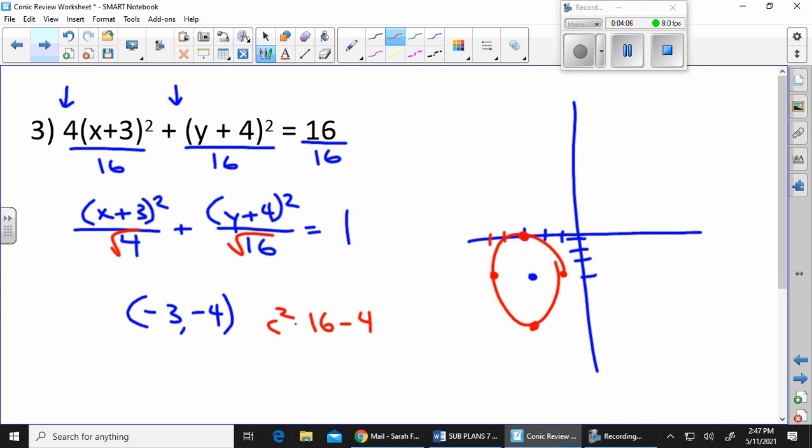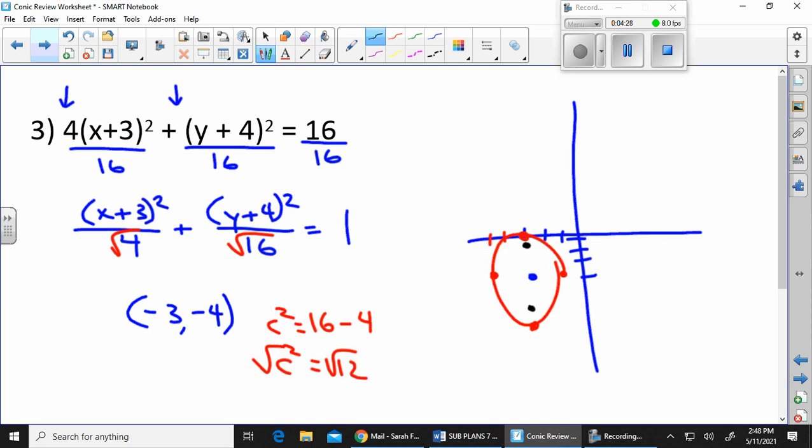So, 16 minus 4, which is 12, square root of 12, which is 3 point something. So, you would find that decimal, and since it's longer up and down, up 3, down 3 from the center.